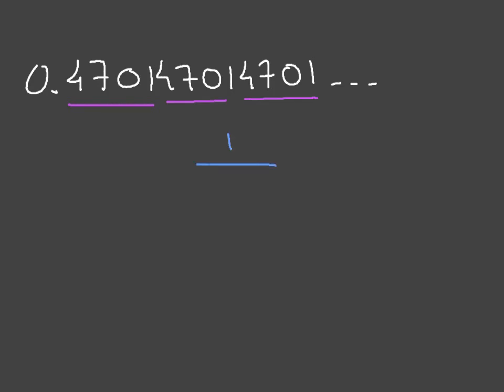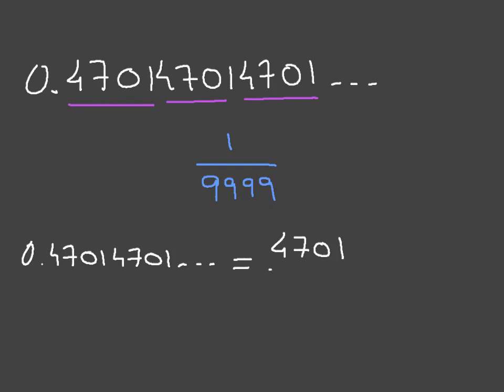So we're going to use this one, 1 over 9999, with four 9s. And using that same technique again, we can say that 0.4701, 4701, and so on, is just equal to 4701 over 9999. And once again, type it in your calculator and you'll see that that's going to work.